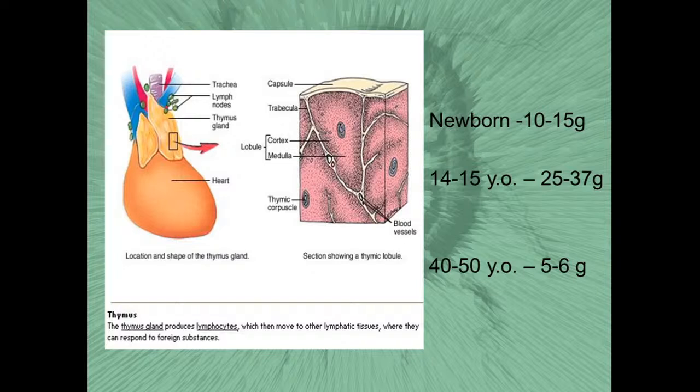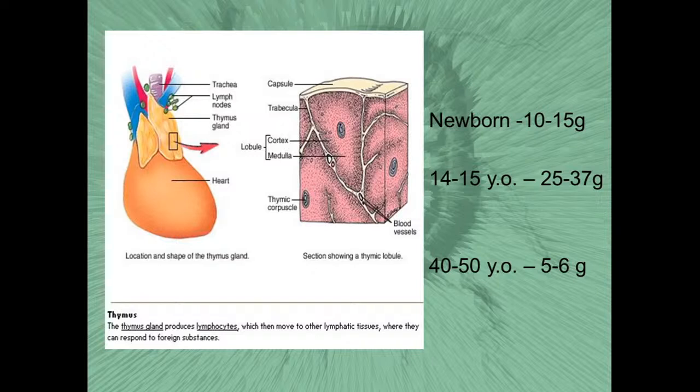In the newborn, the weight of the thymus is approximately 10 to 15 grams. Then it gets the weight of 25 to 37 grams at the age of 14 to 15 years old. So you see it increases approximately 2 times, because the period from the newborn to puberty is the period of most active formation of immunity.